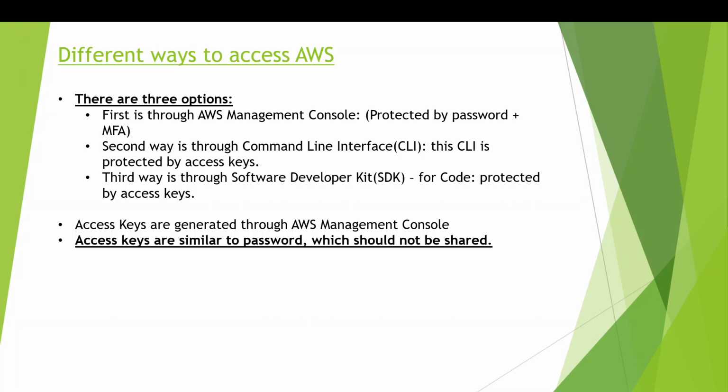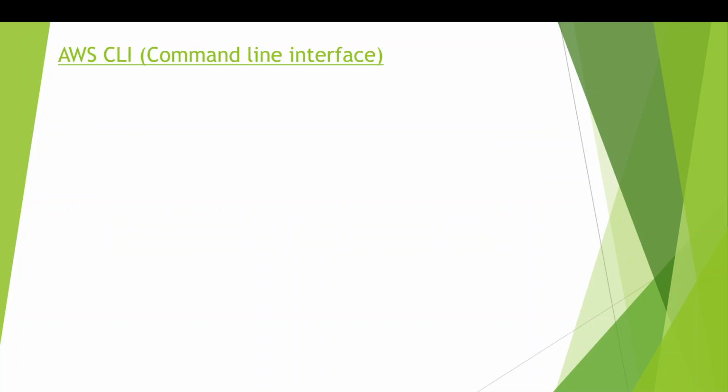Now let's dive deeper into each option. The first one is GUI, the browser option, which we are already aware of. Here, we'll talk about the CLI. For those who are not aware, CLI is the command line interface, where we give a bunch of commands to make required changes in the AWS cloud.